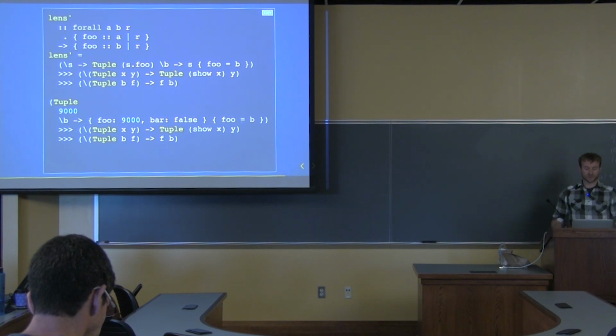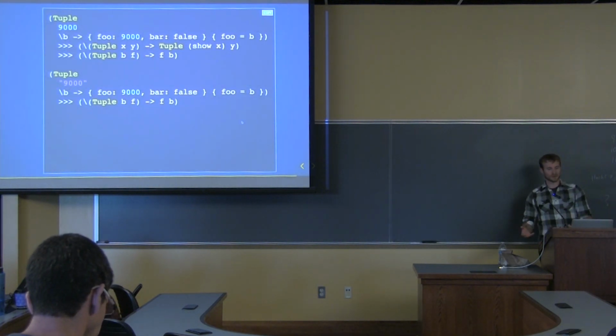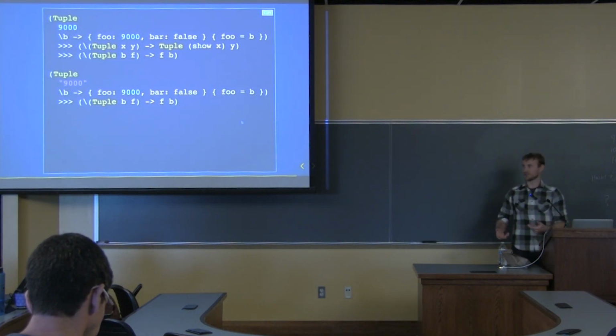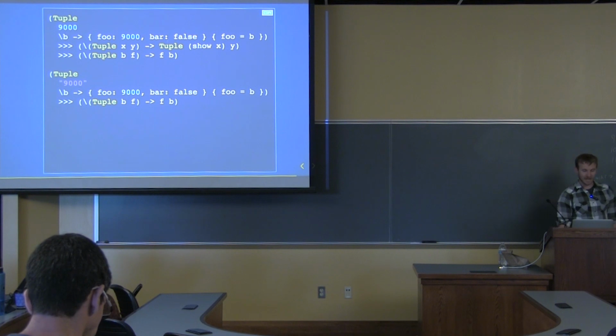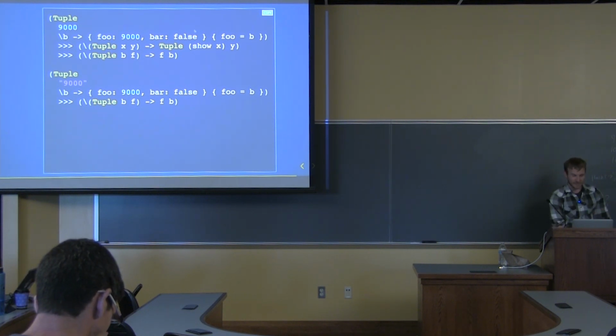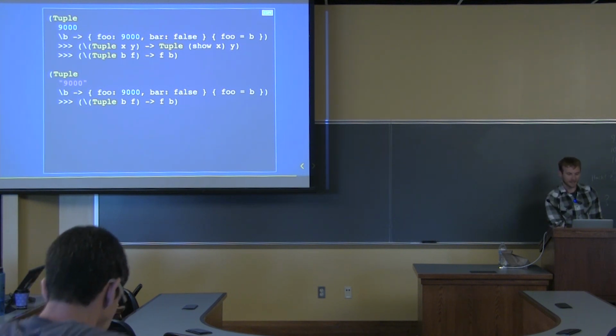Okay, so now we have this tuple, and we're going to pass that into our second function. Our second function, as we can see, takes a tuple, and it applies show to the first element. It applies the function that we gave it to whatever the first element was. And so if we apply that, we take our tuple 9,000, b to whatever, and we output a tuple where we call show on 9,000.